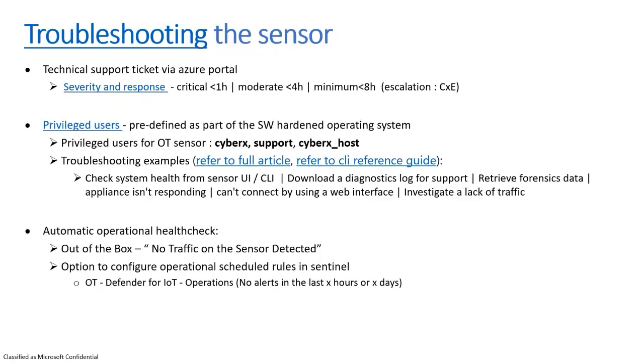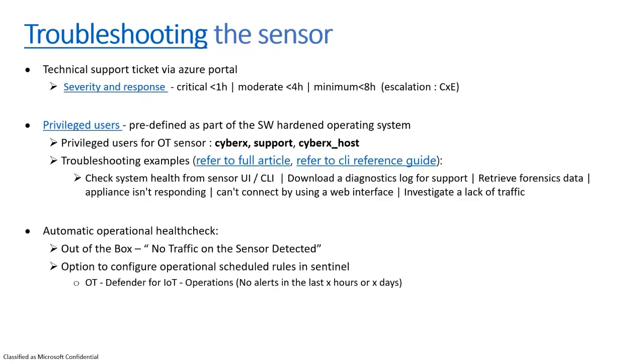It's almost always required to work with your CXE and keep your CXE in the loop so that they can help you with things like escalations if it comes to that. Operational health checks can be optionally automated. We have an out-of-the-box analytic rule that customers can make use of via Sentinel, which is no traffic on sensor detected.